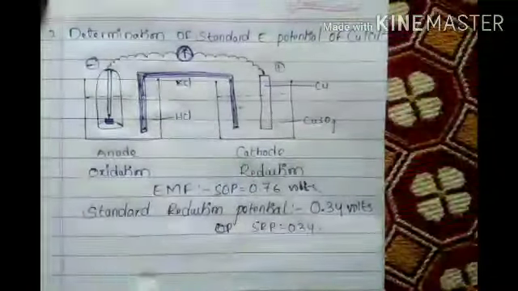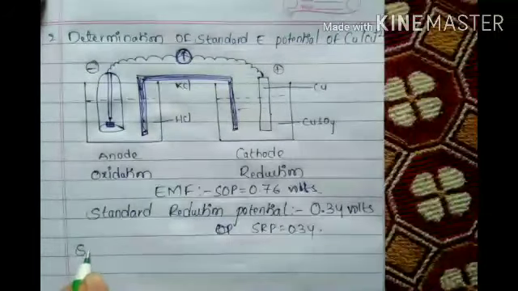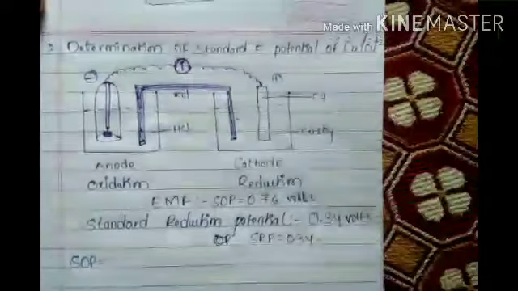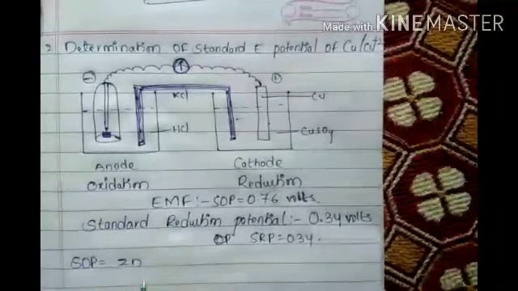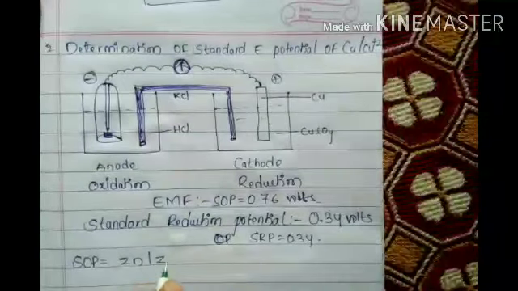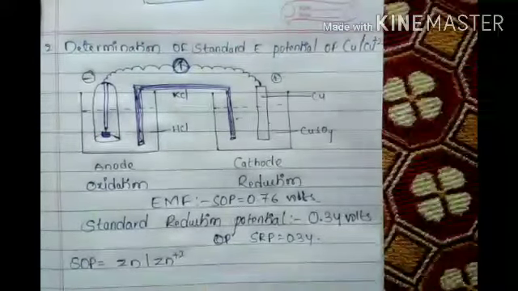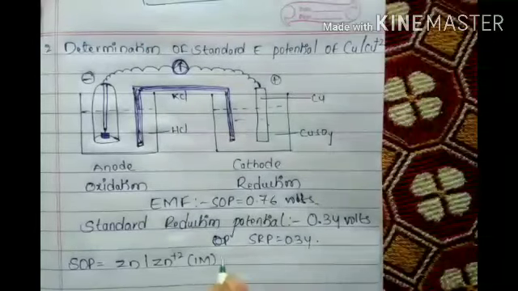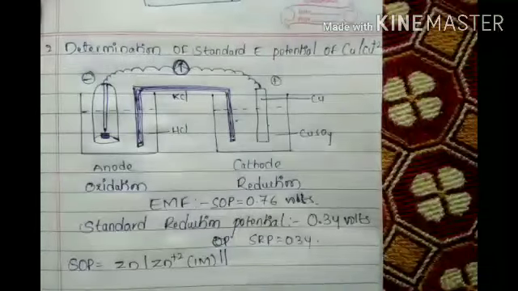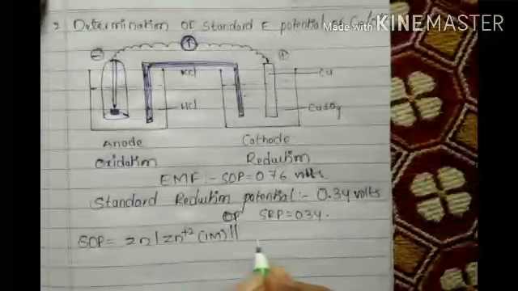Now first, I will write the SOP, the standard oxidation potential. Okay, yesterday's rules: Zn, single line, Zn2+ with concentration 1M, close the concentration and take two lines. What do we have to take? SHE. Where is SHE? This one.